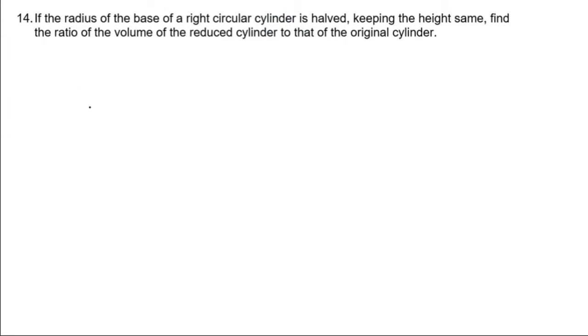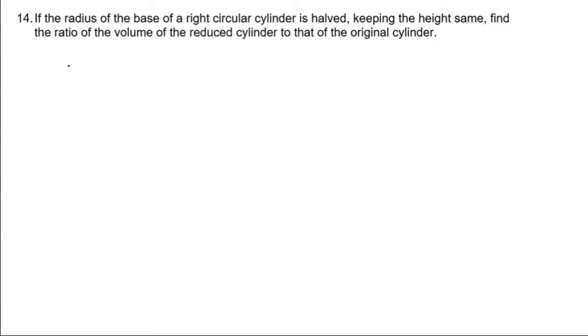Now the 14th question: if the radius of the base of a right circular cylinder is halved, keeping the same height, find the ratio of the volume of the reduced cylinder to the original cylinder.